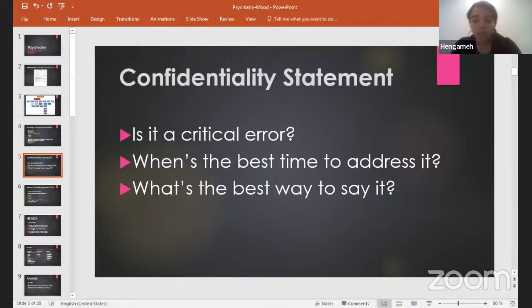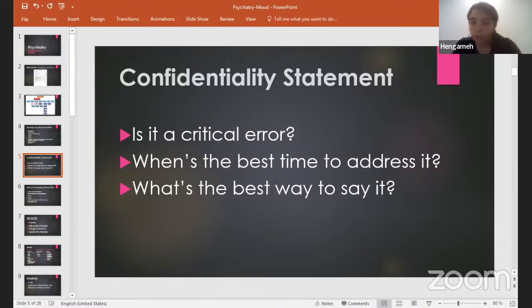What's been acceptable for the confidentiality statement is just: remember, whatever we discuss will remain confidential unless there's harm to you or others. There are other parts of the confidentiality statement as well, but even in real life, when we want to interview a patient, just saying this is enough.